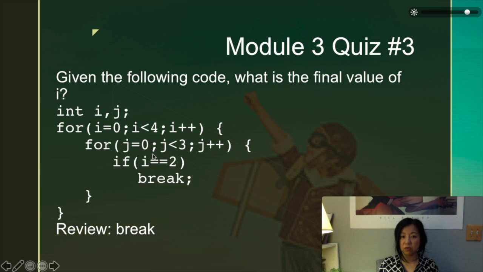It wouldn't loop this loop, and it will go outside and continue with i equals 3. And then it will execute the i++, so i will equal 4. But once it got compared by this statement, then it will end and not continue, and that's why the answer is i equals 4.